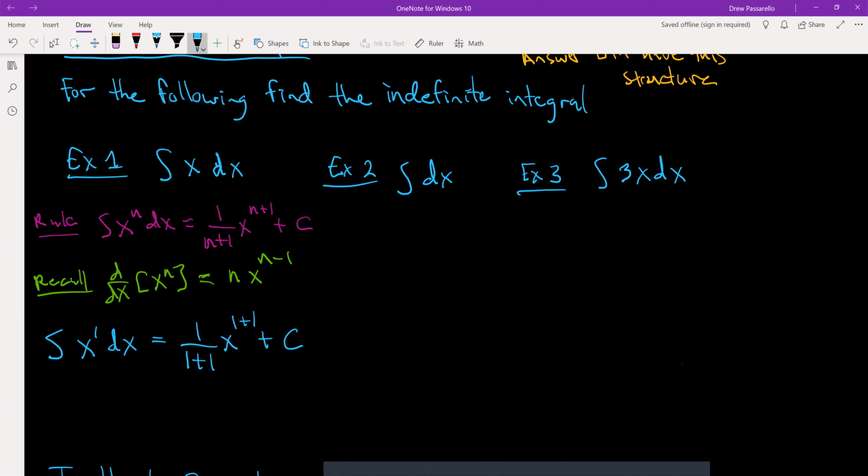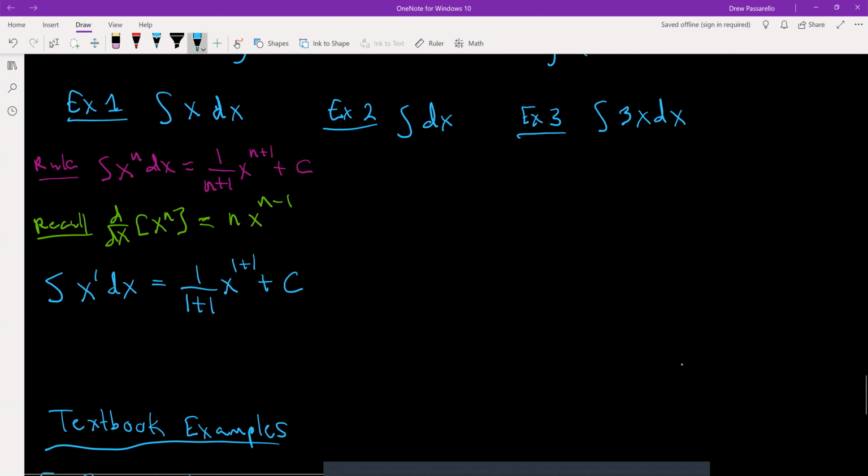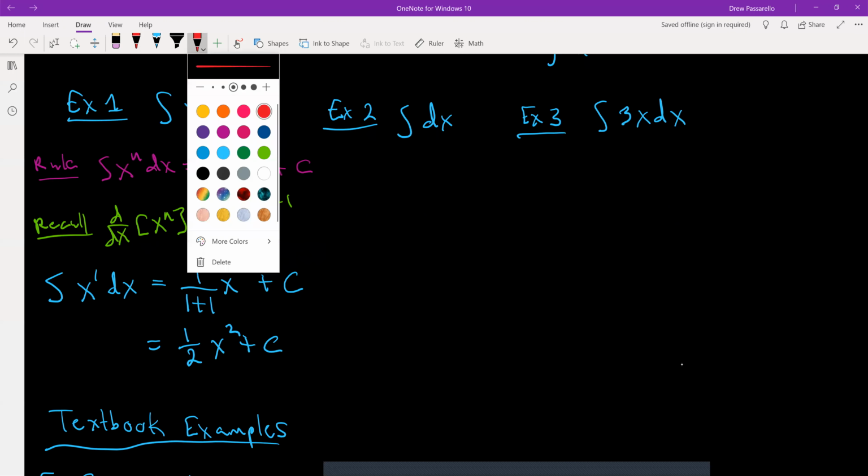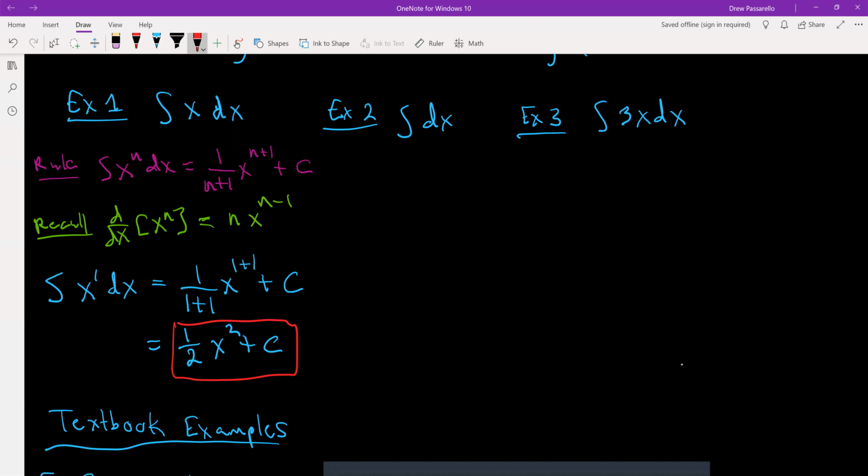So that's 1/2 x squared plus c. All right, that's our answer for that first example. So our capital F of x is the 1/2 x squared. All right, so that's it for that one.